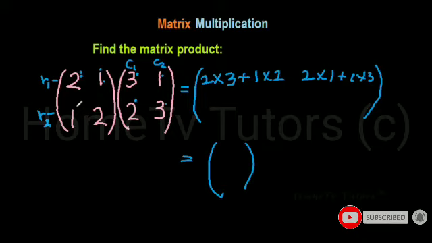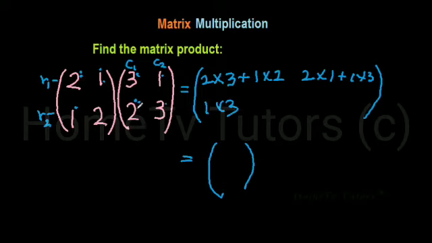Then you do the same thing, use it to multiply the first column. Okay, so 1 times 3 plus 2 times 2. Then you do the same with the second column of the second matrix. Okay, so 1 times 1 plus 2 times 3.